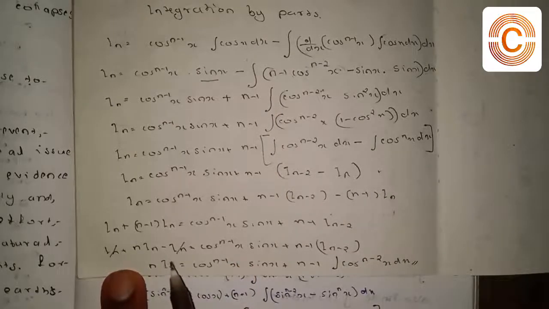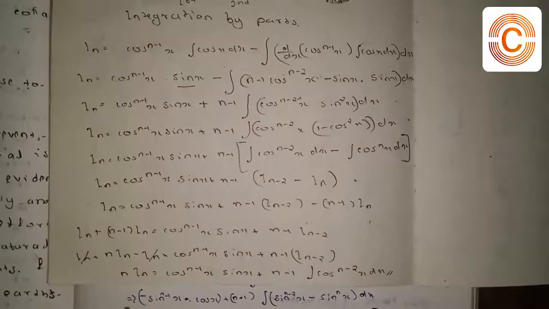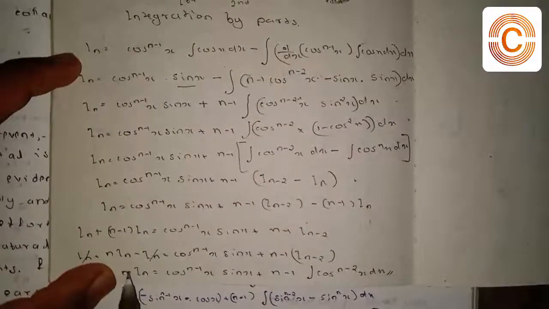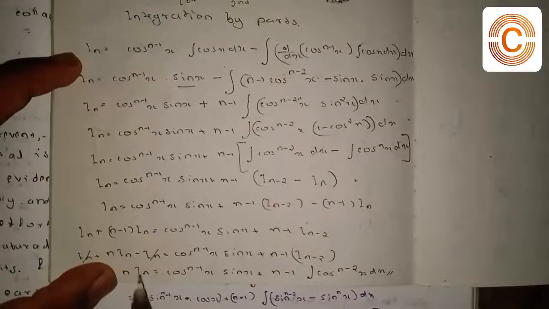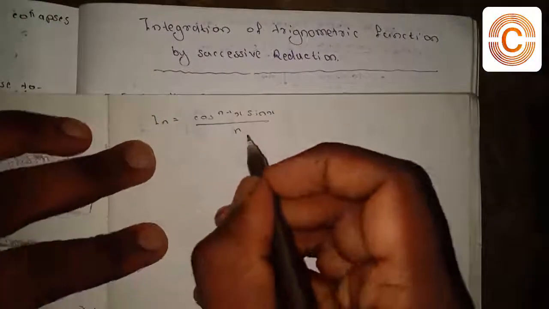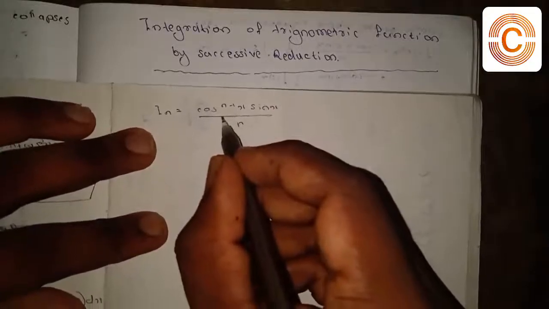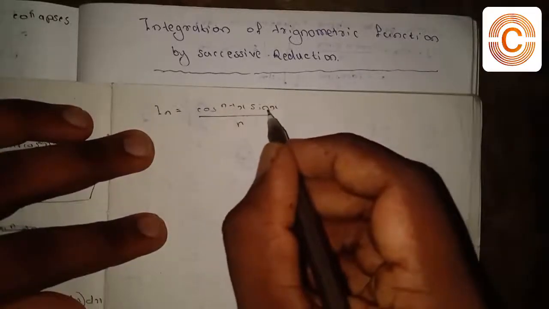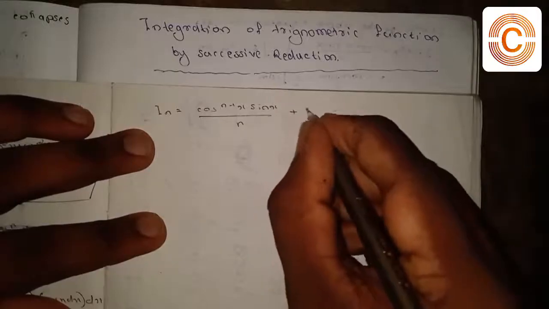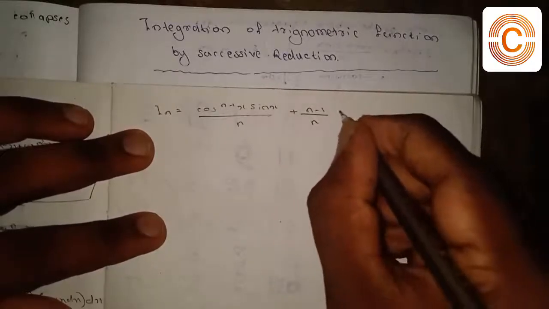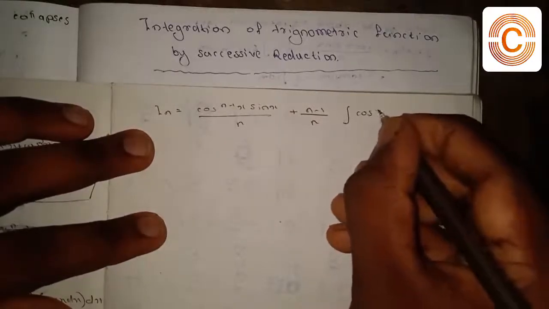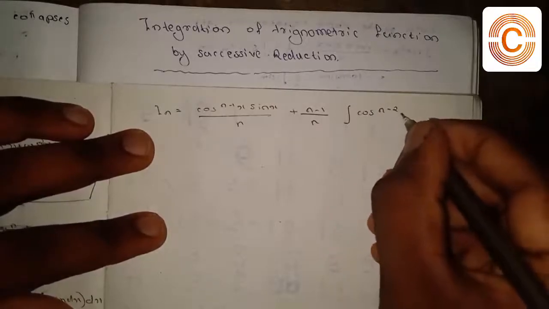Then finally we can find I_n. Dividing the whole equation by n, I_n is equal to cos^(n-1)x sin x divided by n plus (n-1) divided by n times the integral of cos^(n-2)x dx.